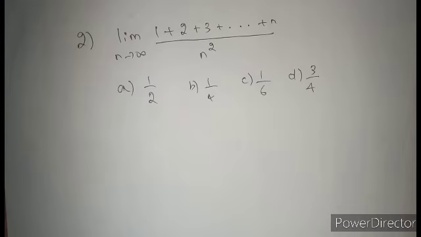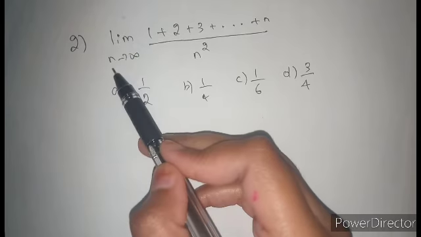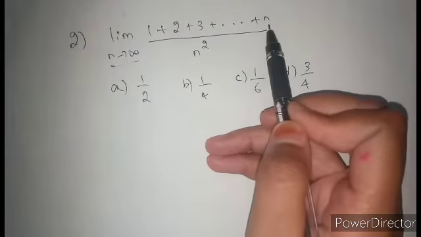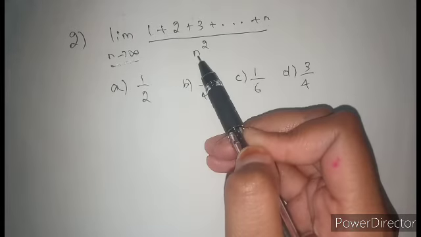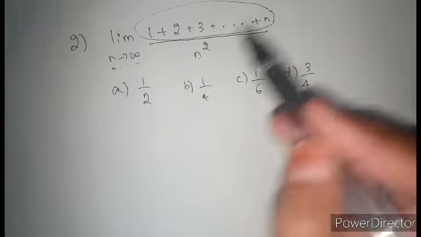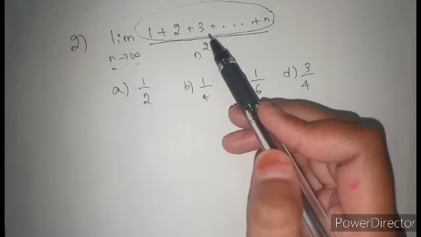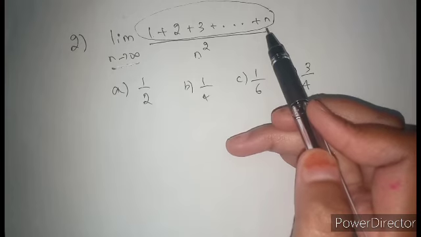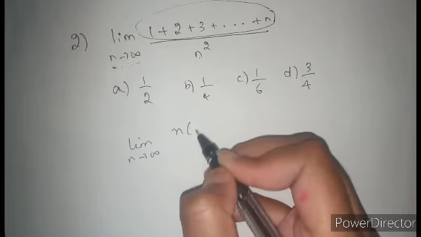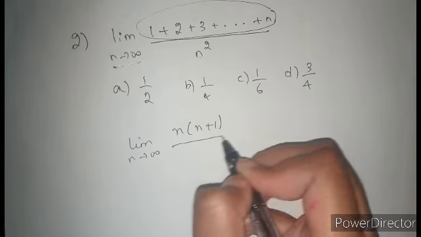So here is the second question. Here instead of x we have n, okay? So don't get confused with that. So limit n is tending to infinity, 1 plus 2 plus 3 and so on up to n divided by n square, they have given. What is the formula for this one? If they have given 1 plus 2 plus 3 and so on up to n, the sum of n terms, what is the formula? n into n plus 1 divided by 2, right?